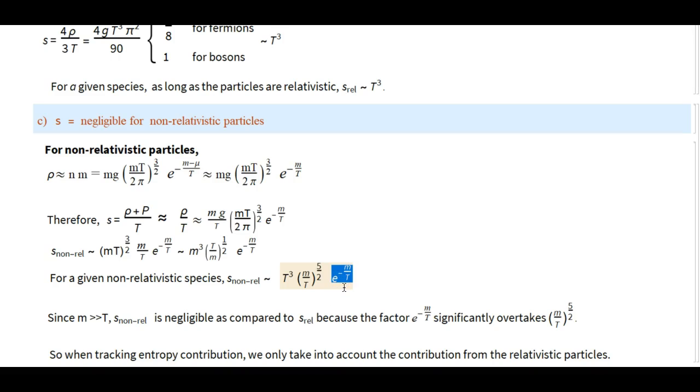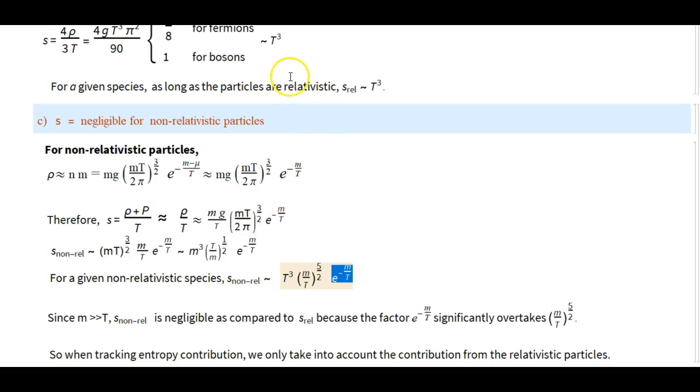And what the second term is doing is that it is causing a decrease in entropy. So as temperature drops, this term has a much more significant effect than this term, and hence the entropy because of this term becomes negligible in the non-relativistic scenario.